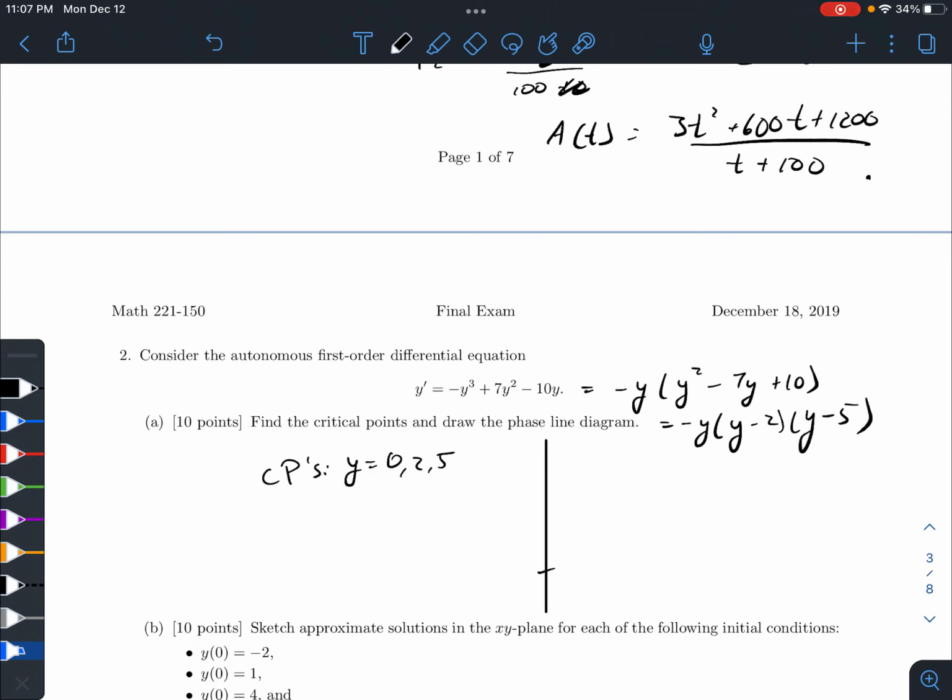Phase line diagram. Let's put those critical points down here, 0, 2, and 5. Just need to figure out if y prime is positive or negative on each of these 4 intervals.